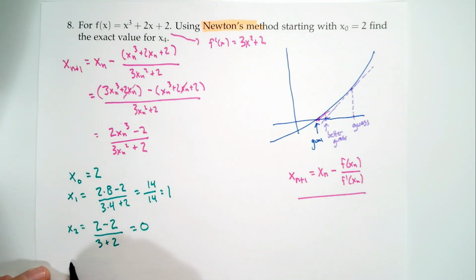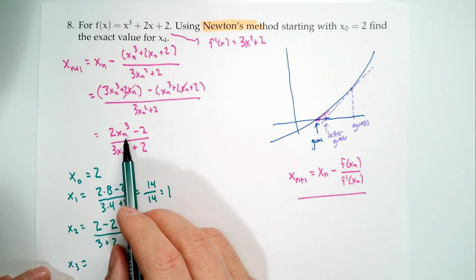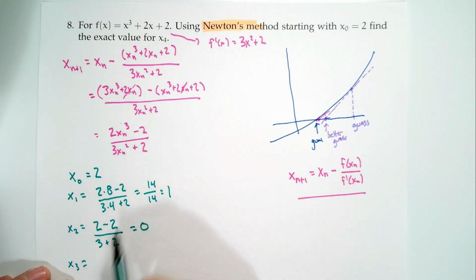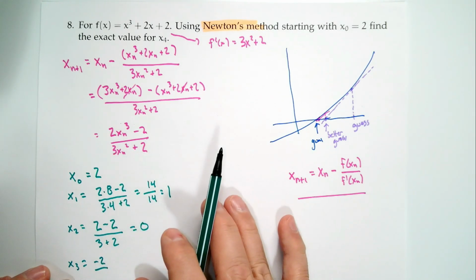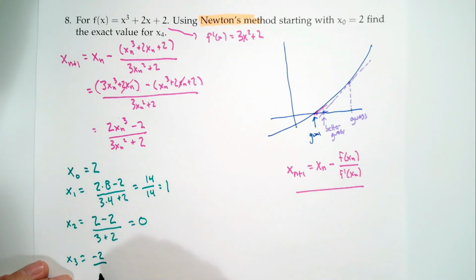All right, how about x3? Now we're going to put 0 in. 2 times 0, well, 0. Minus 2. Downstairs, 3 times 0, 0 plus 2. So, 2. So, minus 2 over 2, minus 1. Oh, wow, that's incredible numbers.